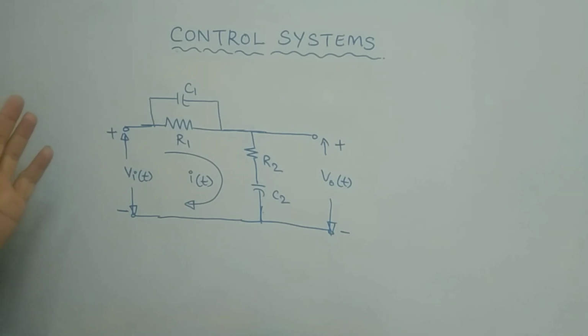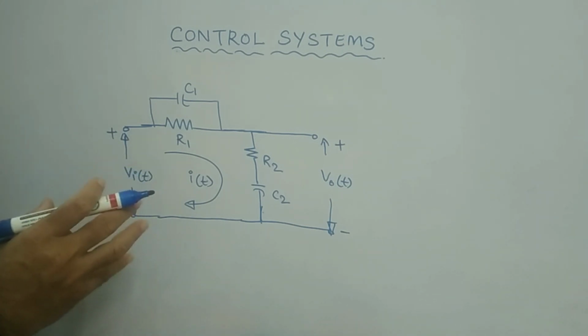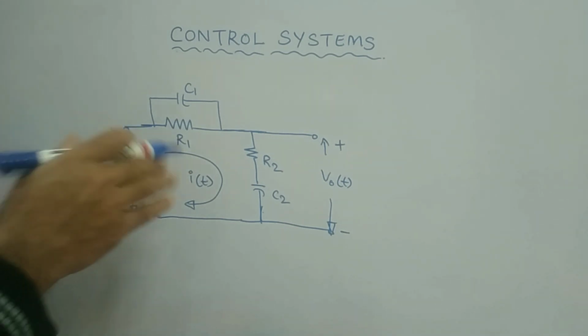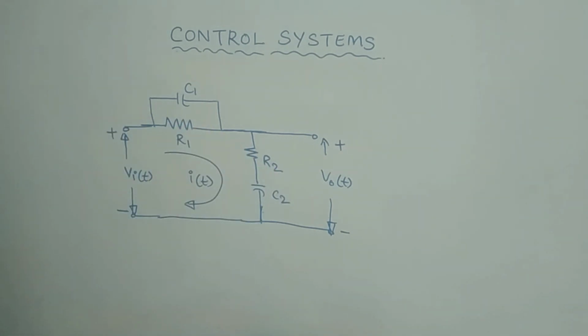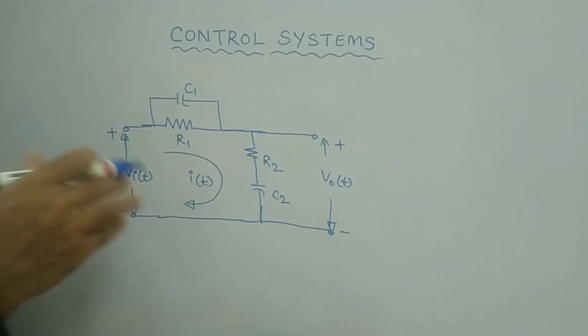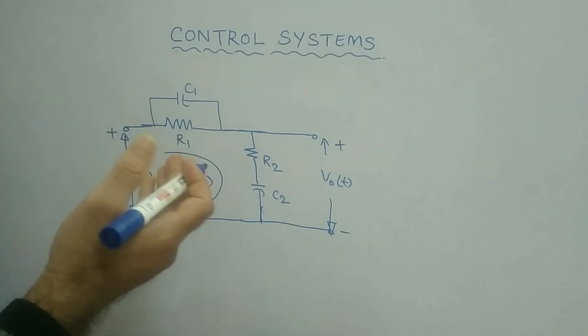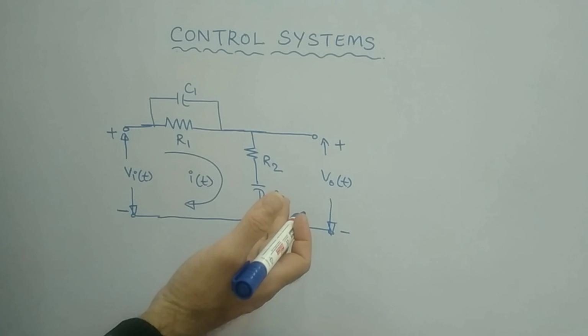Therefore, generally at low frequencies, the phase lag characteristics are observed in the output of this particular circuit, as well as at high frequencies, the phase lead characteristics will be observed.